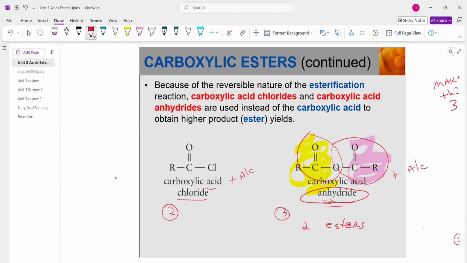Three ways. The acid chloride gives the most yield, and the alcohol and acid method gives the least yield.